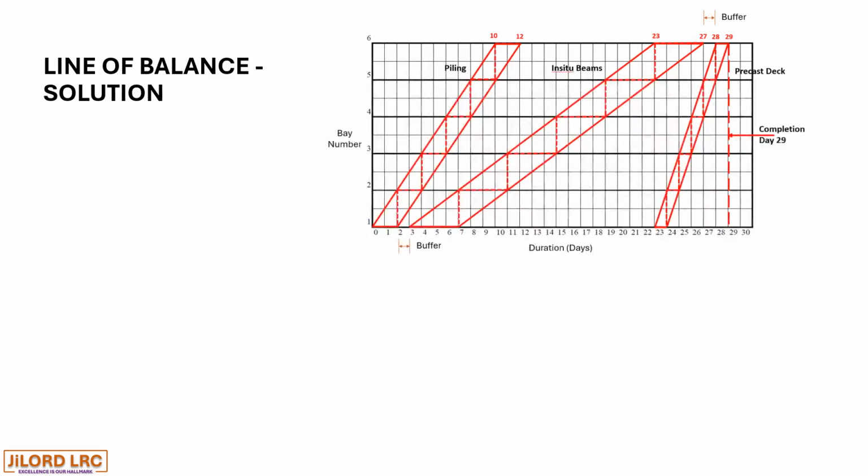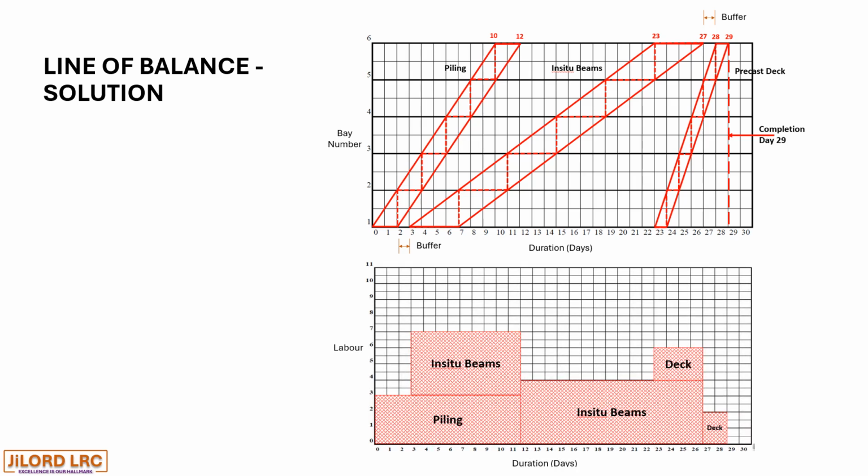Now let us look at what we have done so far. This is the graph we had for the line of balance for operations 1, 2, and 3. And this is the labor resource histogram. Now, operation 1 is install piles for 2 days with a gang of 3 laborers.